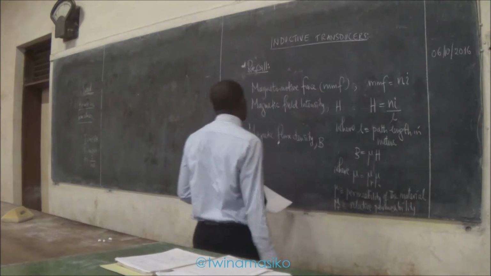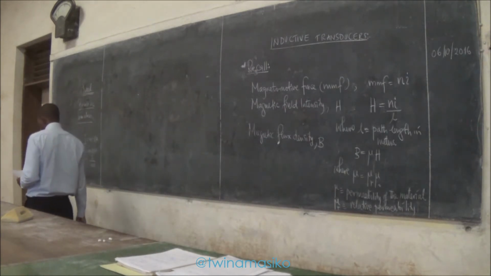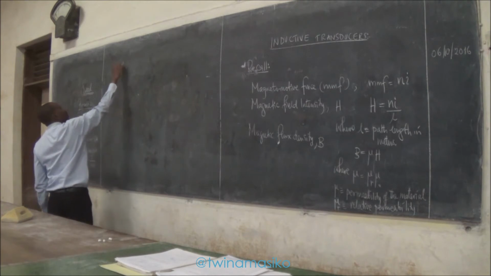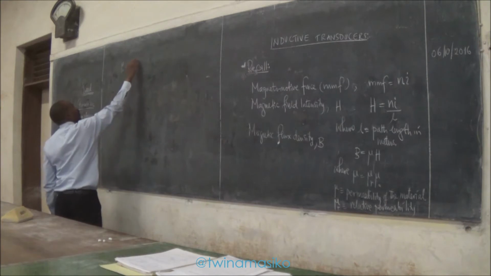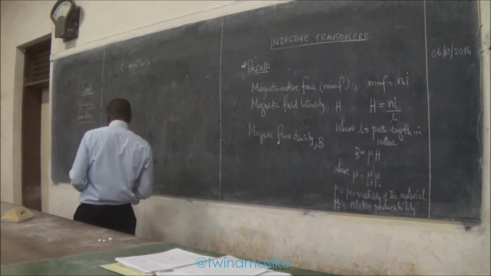The corresponding one in electricity is the permittivity. And mu naught is a constant, which is 4 pi times 10 to the power negative 7 henries per meter. This is the permeability of free space.